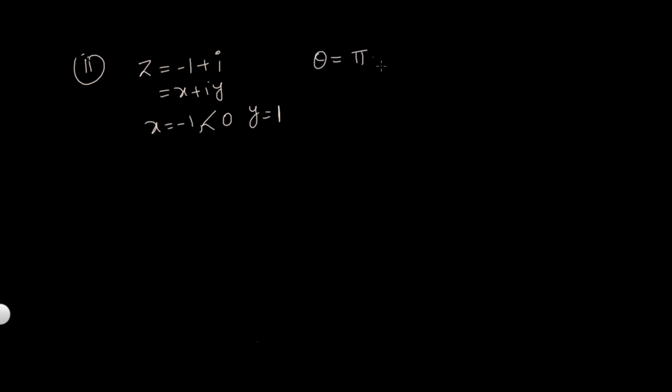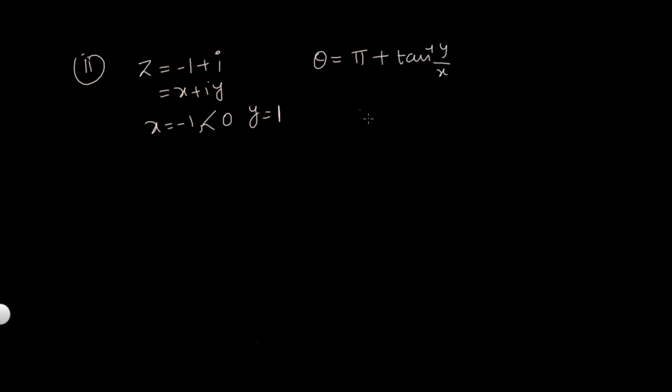Second one. If z equals minus 1 plus i, suppose. Let us take it as x plus iy in mind. Put x equals minus 1, which is less than 0, and y equals 1. Then if x is negative, theta equals pi plus tan inverse y by x.